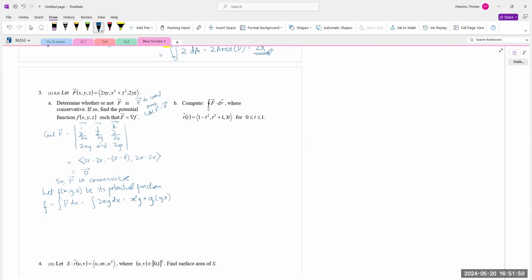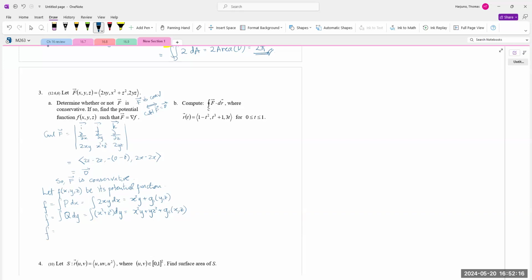On the other hand, f must also be the integral of Q dy, which is the integral of x squared plus z squared dy. That's x squared y plus y z squared plus a function of x, z.